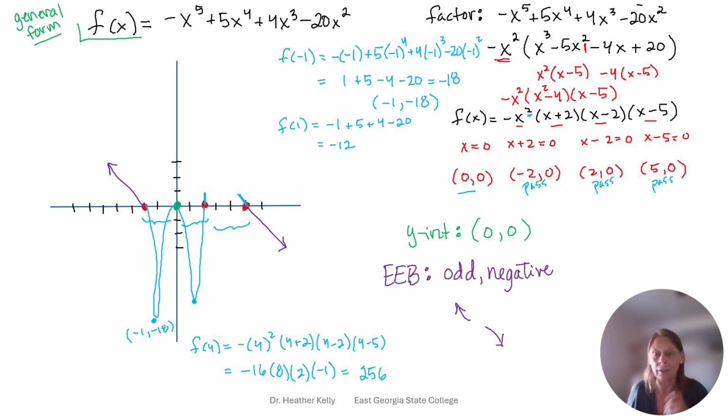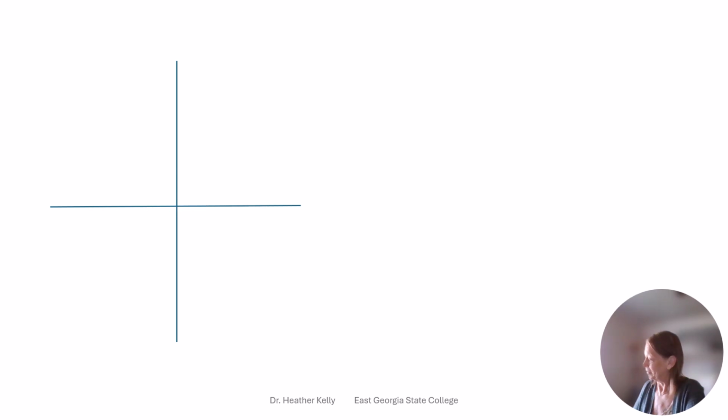I know that from my computer programming days. So this guy goes up here, comes down, and this is 4 and 256. And there's our picture of that graph. Looks kind of crazy. Okay, one more for me, and then I'm going to have you do one.